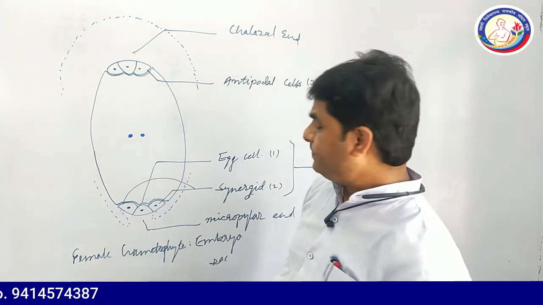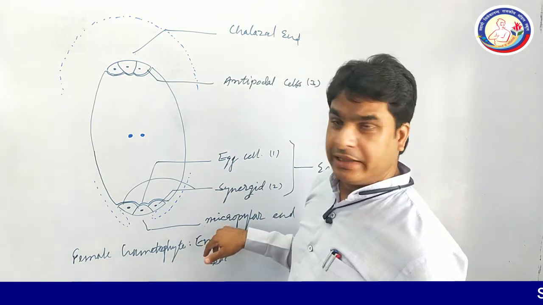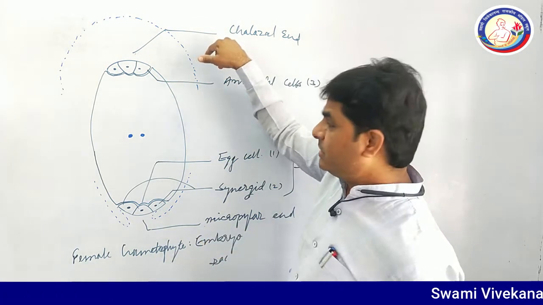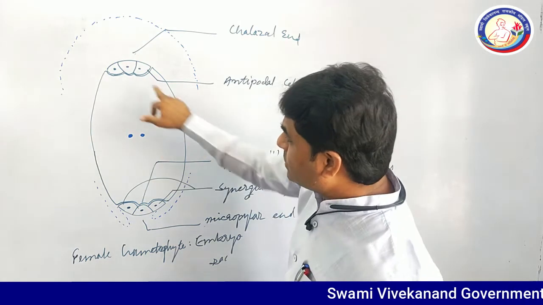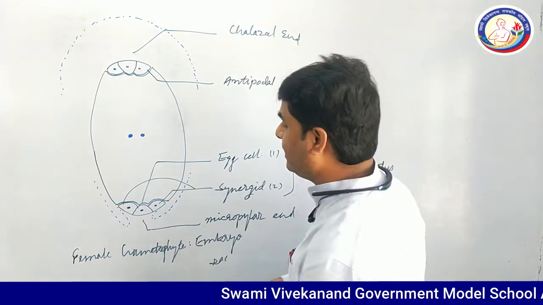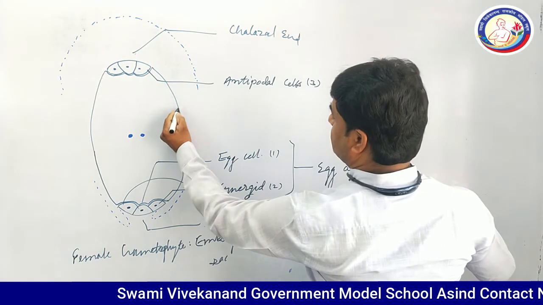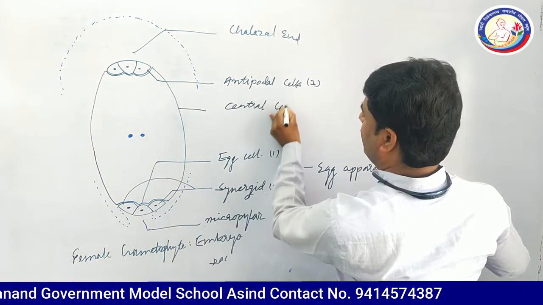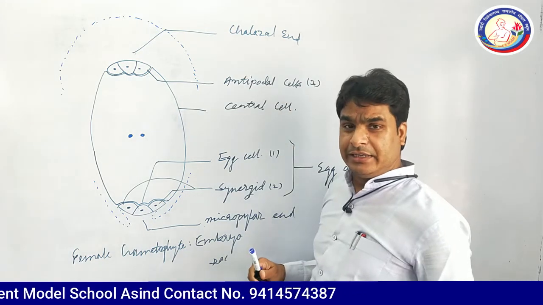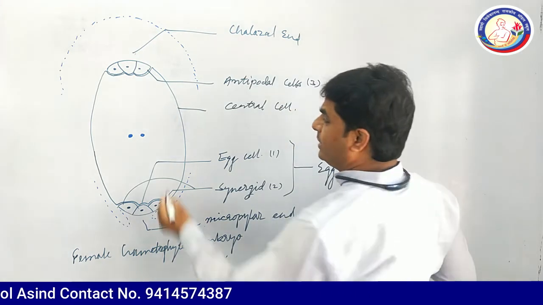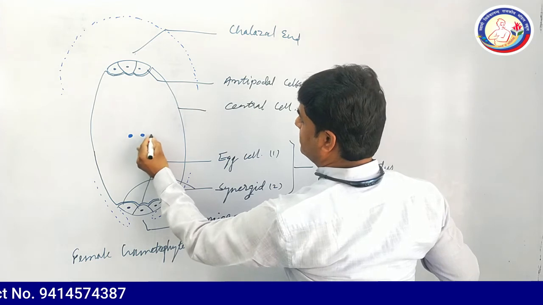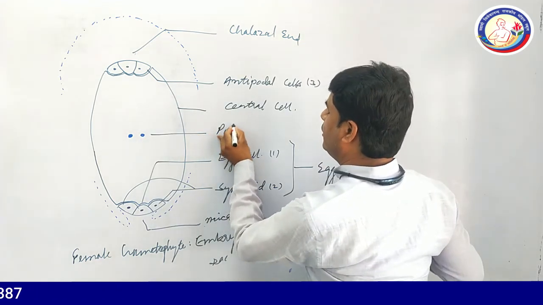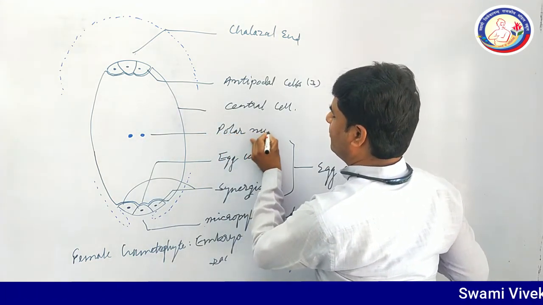In between the micropylar end and chalazal end, there is a huge, or you can say a large, cell. This is known as the central cell, and it contains two nuclei, which are known as polar nuclei.